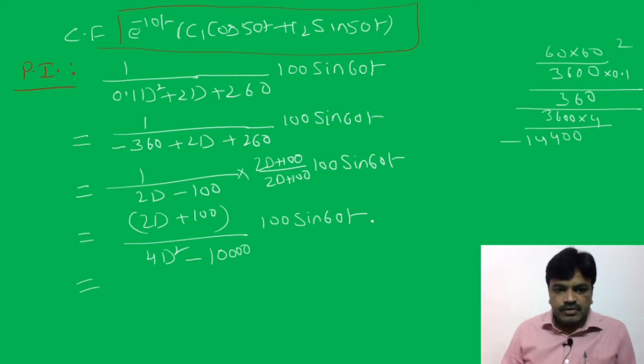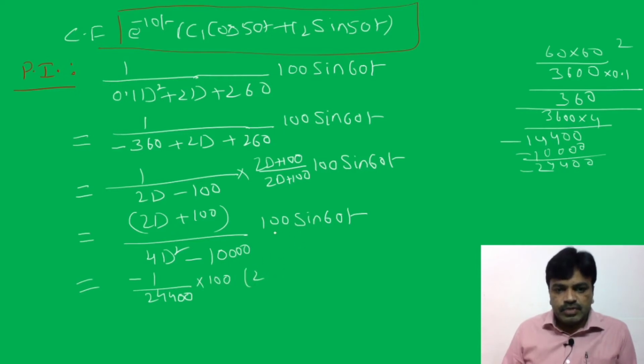Now we have 10,000. Finally we get both are minus 24400. So here we get minus 1 by 24400. We already have 100 here, so write 100, and then we get a 2D.